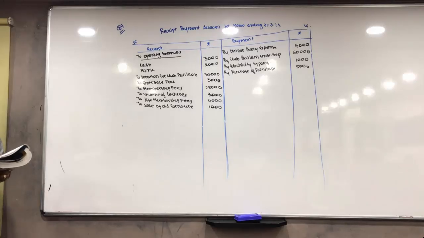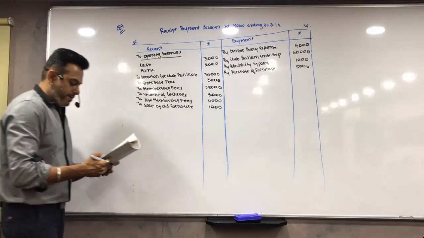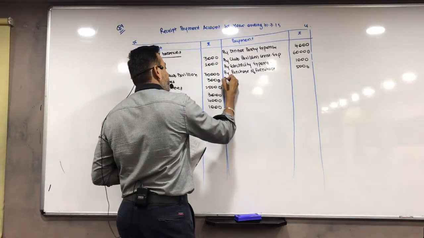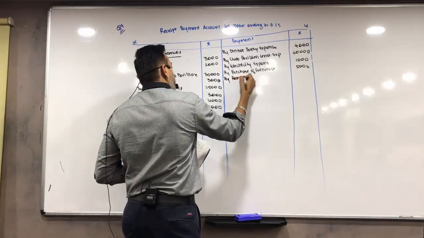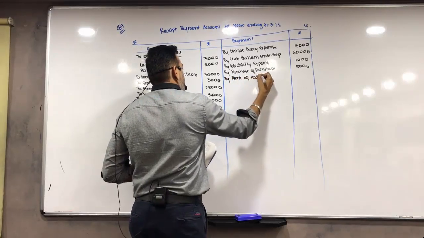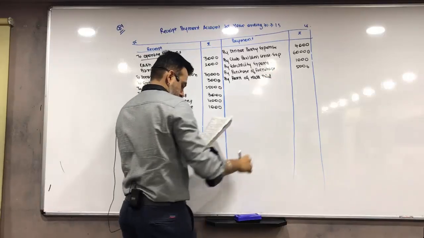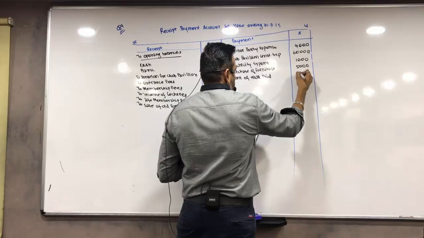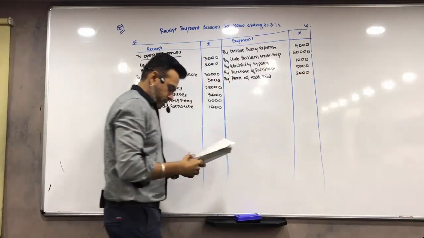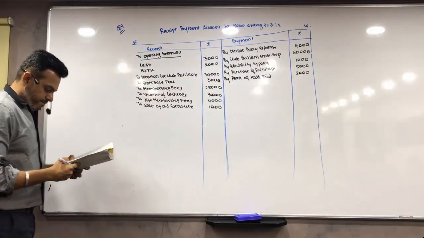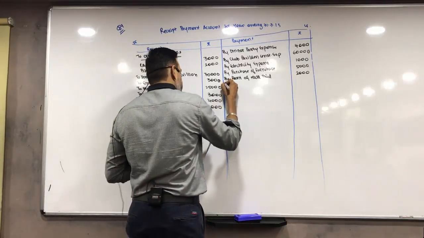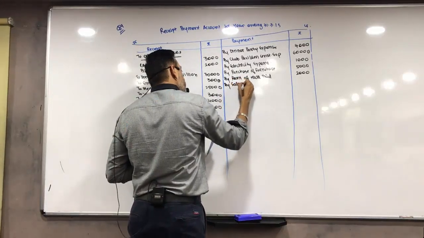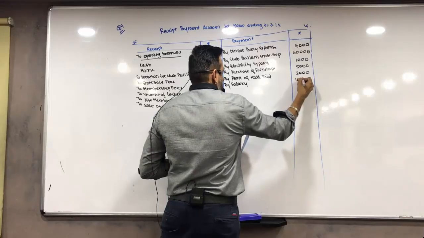Cash balance we have already done. Rent of hall paid. By rent of hall paid, 2,000. Salary. By salary, 10,000.